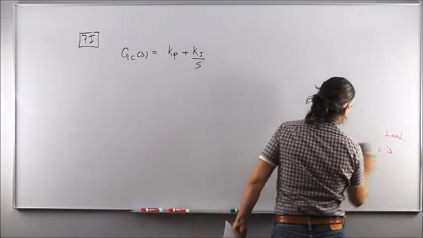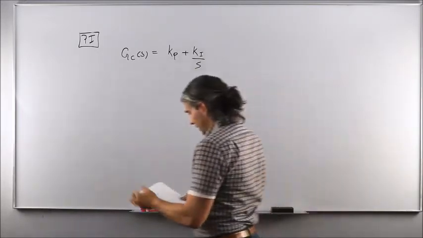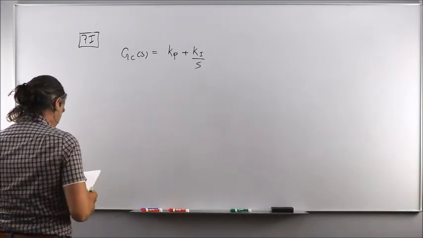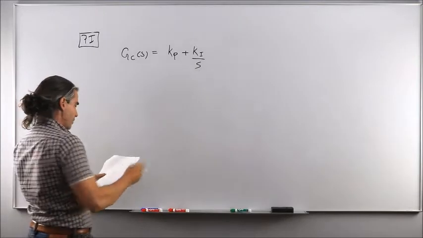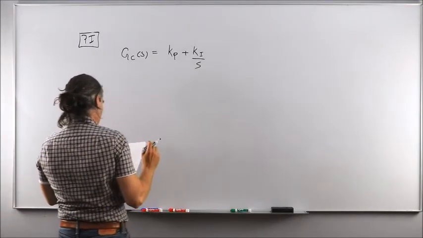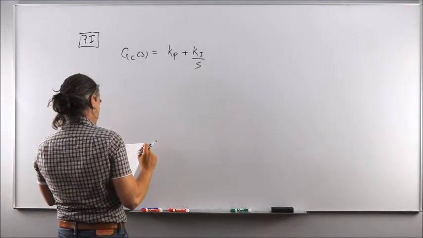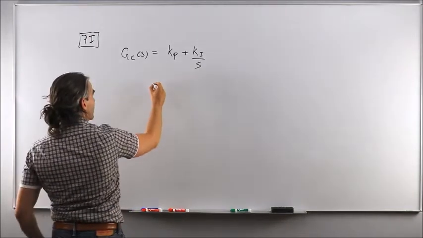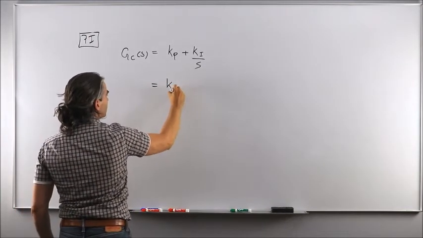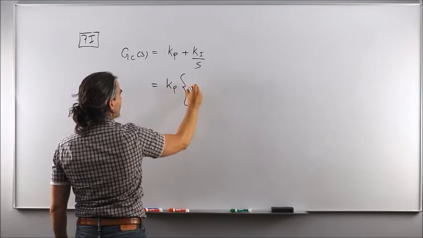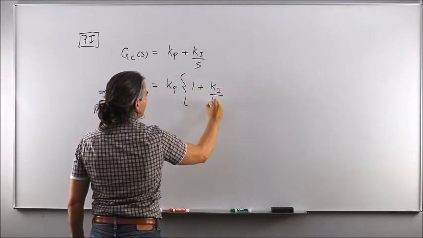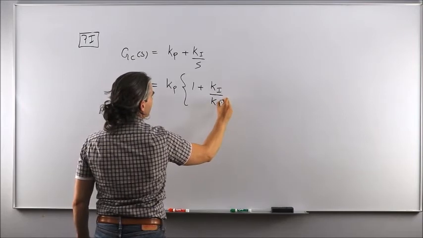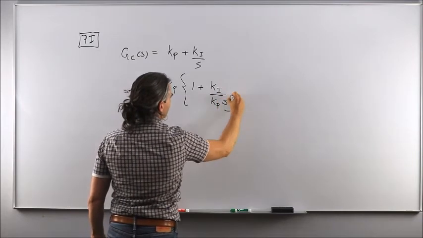Okay. And to better understand where I'm adding a pole and or a 0, I'm going to rewrite this slightly differently. So I'm going to factor out the Kp term and end up with 1 plus Ki over Kp S, like this.